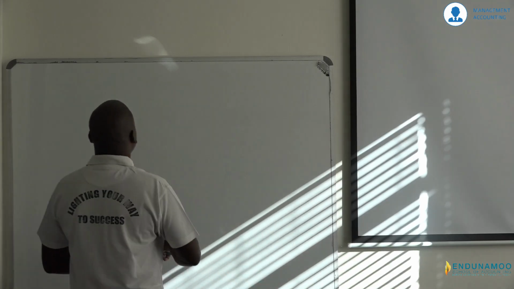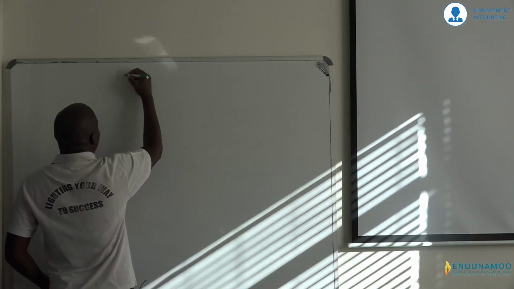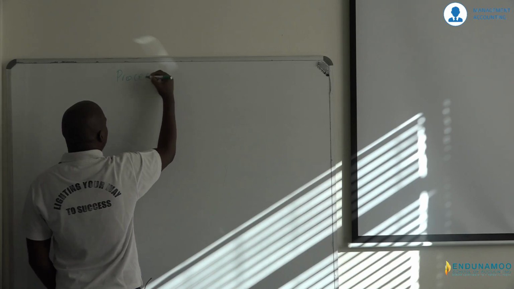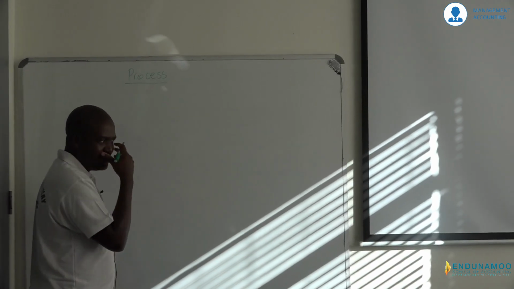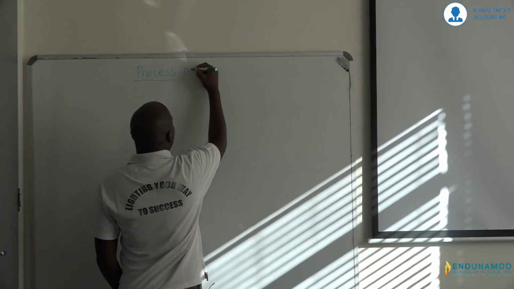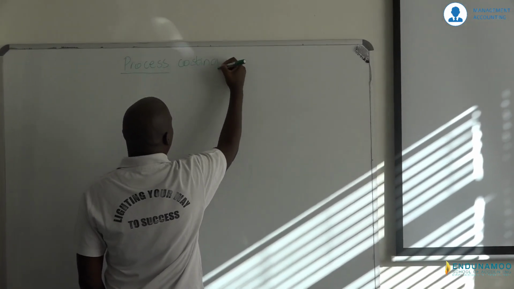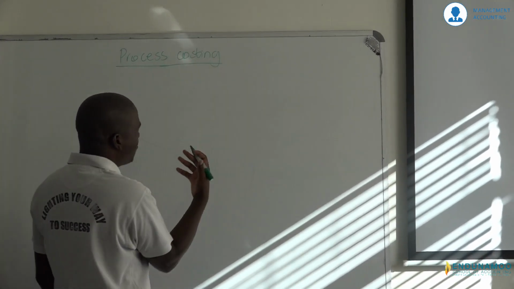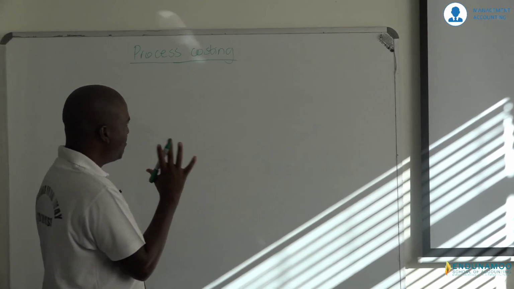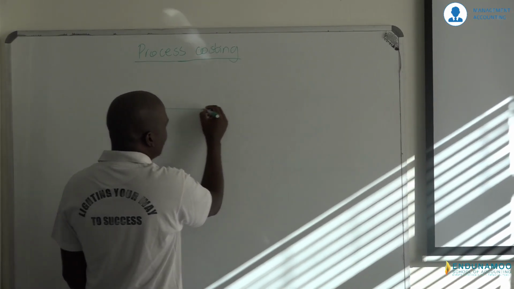But maybe before we go, just to touch on process costing, because I always find that process costing questions are scary, but once you understand what you're trying to do, they become much easier. Remember, we said that we are trying to focus on a process.